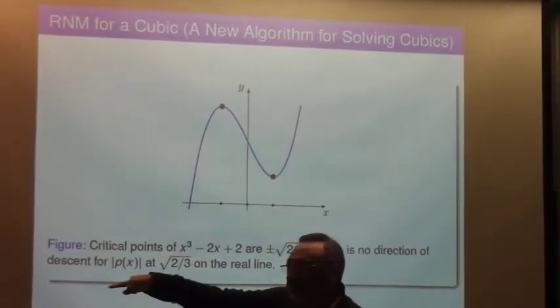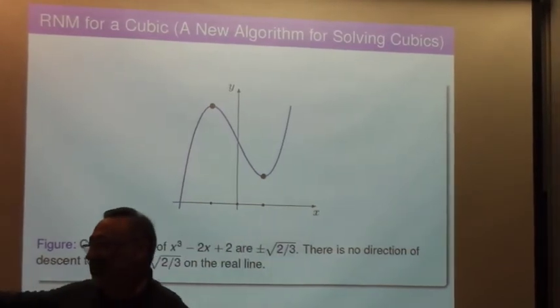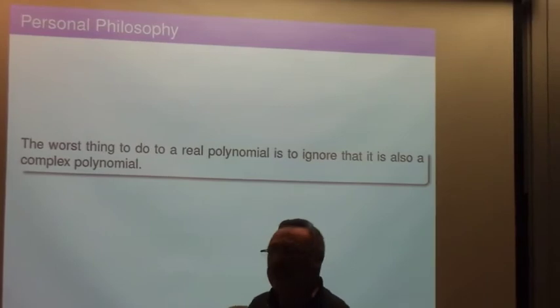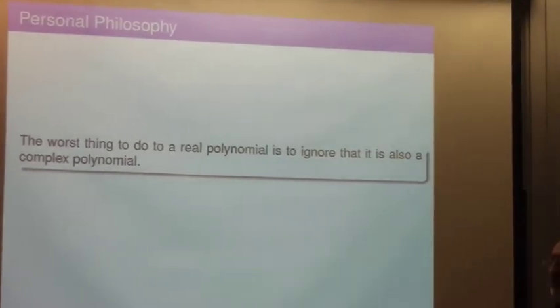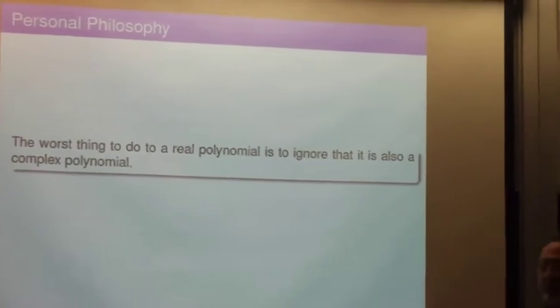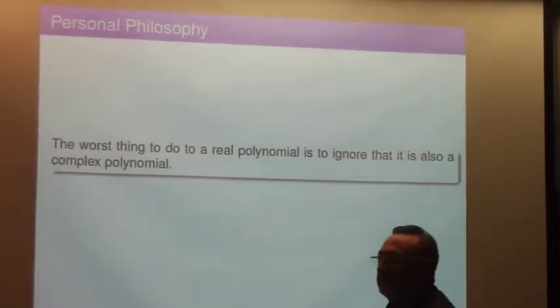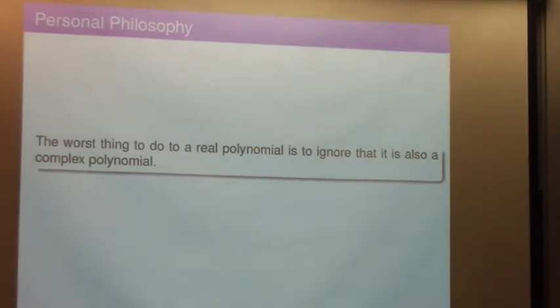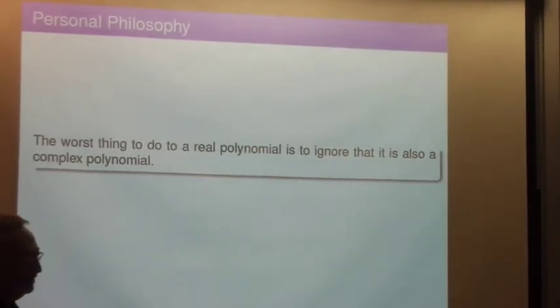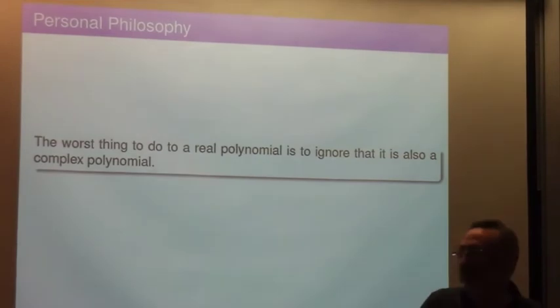Literally, I have to go off the board, into the complex direction, to be able to do that. So as a general philosophy, I want to say this. I think if you teach numerical analysis and don't mention complex polynomials, you're not really appreciating polynomials.